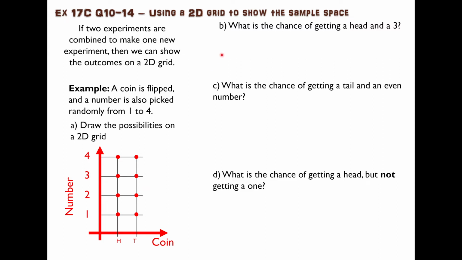Now we can figure out probabilities. For example, what is the chance of getting a head and a 3? So I've flipped my coin and picked the number and I get a head and I also get a 3. Well, this one here is a head and a 4. This one is a tail and a 4. This one here is a head and a 3, so that matches it.